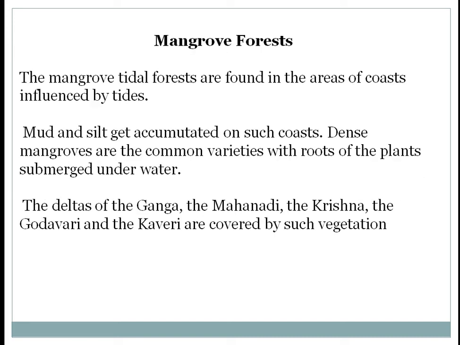Next, the thorn forest. That means we are going to talk about the desert forest. In that the rainfall is less than 70 centimeters and the natural vegetation consists of thorny trees and bushes. As we have seen in the map already, it is found in the semi-arid area. The types of trees are palm, cactus and all.